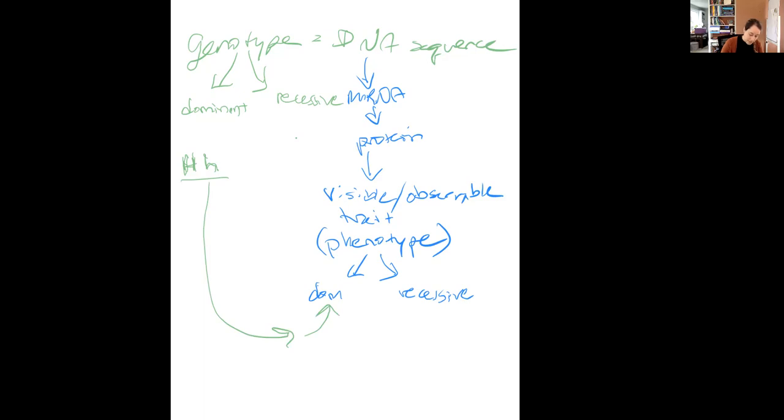Whereas on the other hand, if we had two copies of the recessive genotype or DNA sequence, then we would end up seeing the recessive phenotype.